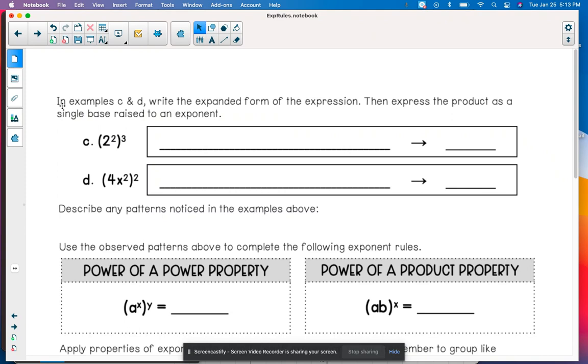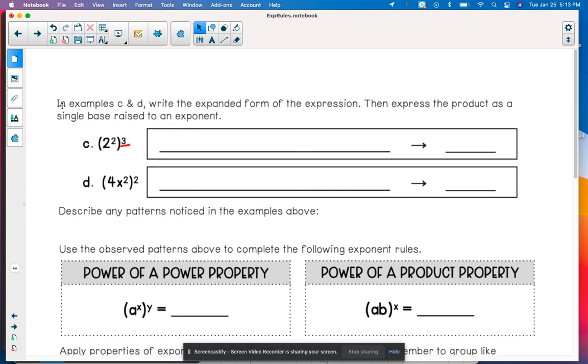So for C, I see that there's a 3 on the outside. What this tells me is I'm going to have 2 squared times 2 squared times 2 squared. So I did that 3 times.